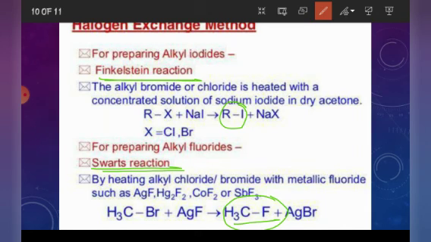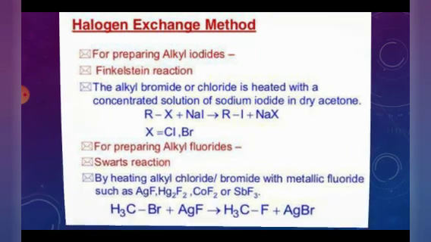So you need to remember the reagent in both cases. For the first it is sodium iodide in dry acetone, and for Schwarz reaction it is a metallic fluoride like AgF, silver fluoride. I hope all these methods that I have discussed are clear to you.